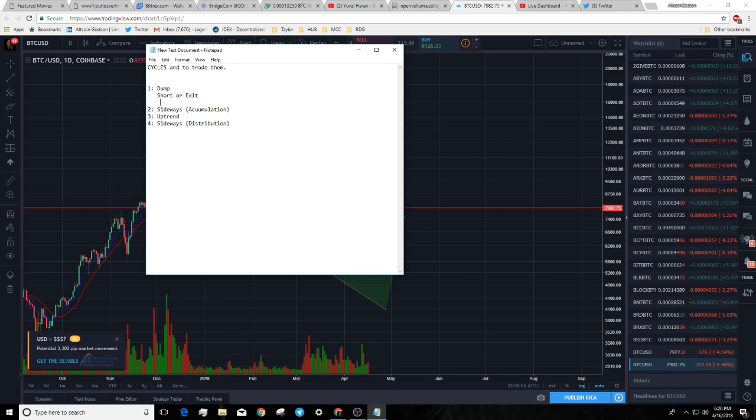If it's a coin on BitMEX, your big caps, your Ripples, your ETCs, and ETH, then yeah, you can short it. But most shitcoins just dump and exit.